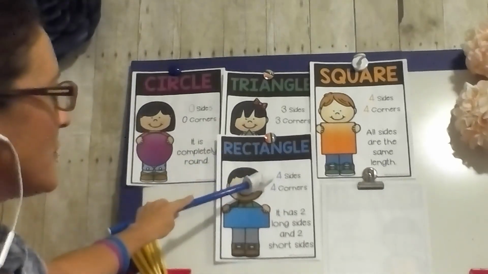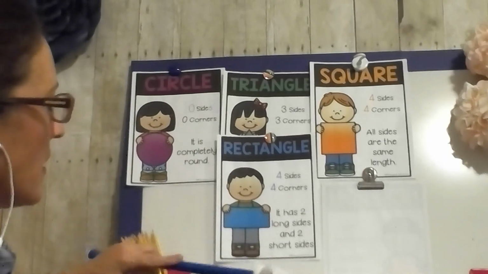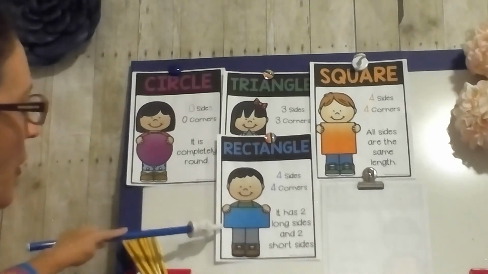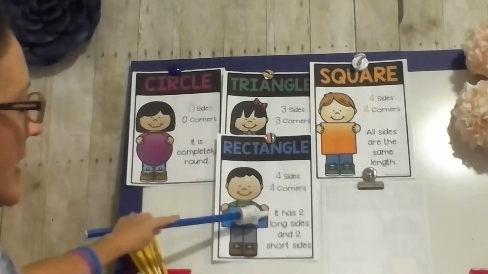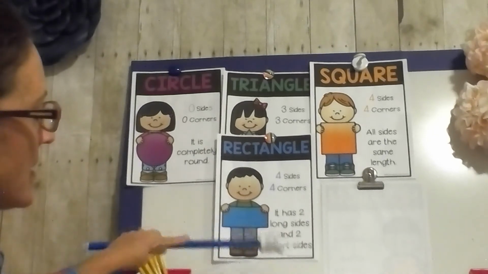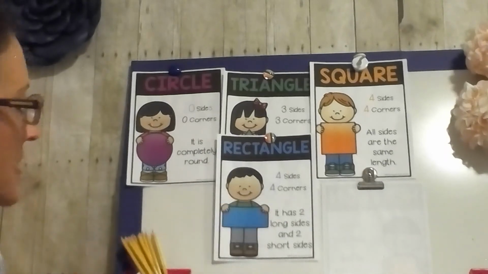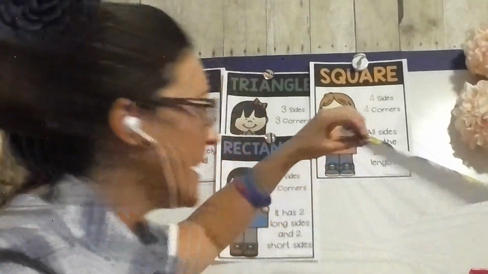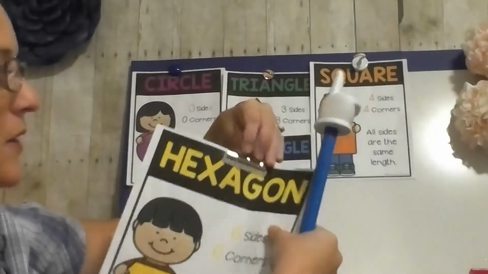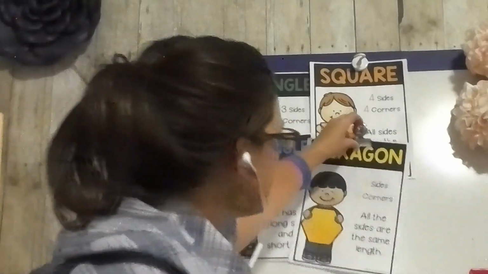A rectangle has 4 sides, 1, 2, 3, 4, and 4 corners, 1, 2, 3, 4. It has 2 long sides. There's 1 long side and the other long side, and 2 short sides. 1 short side, 2 short sides. So our brand new two-dimensional shape or flat shape is a hexagon.